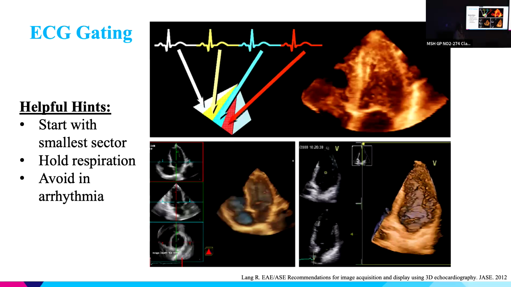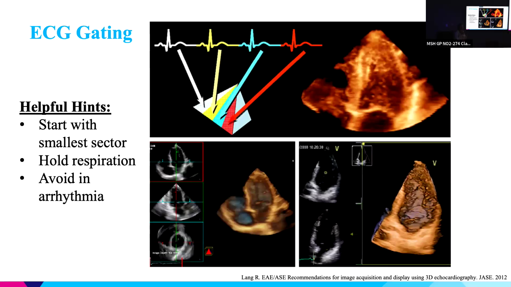EKG gating will increase your frame rate. So it defaults to 1 beat. And you can get really good pictures with just 1 beat, assuming that they're in sinus rhythm. But if you are doing an ICU patient that's intubated, you can temporarily hold respirations and you can increase your beats up to 4.